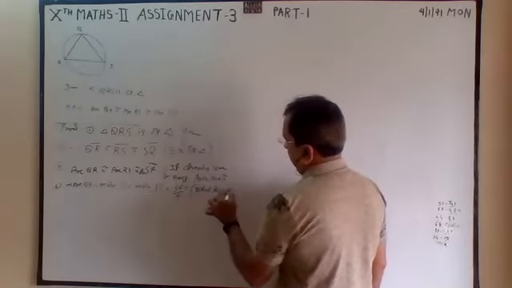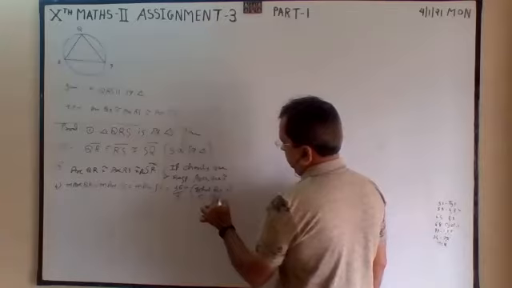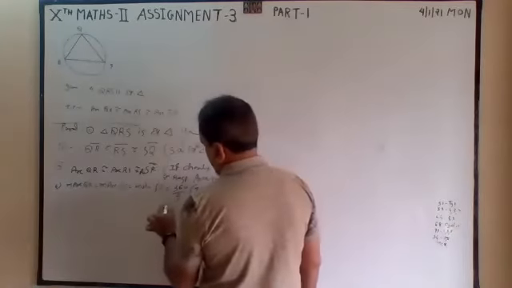Total arcs of circle is 360, so each is equal to 120.